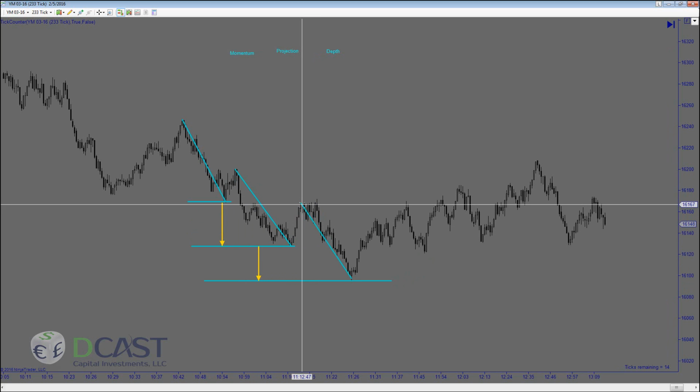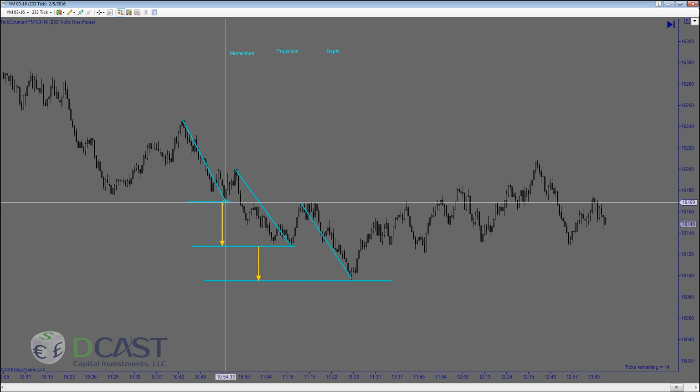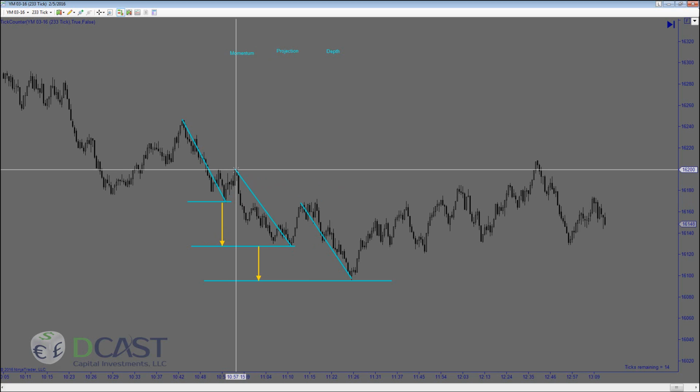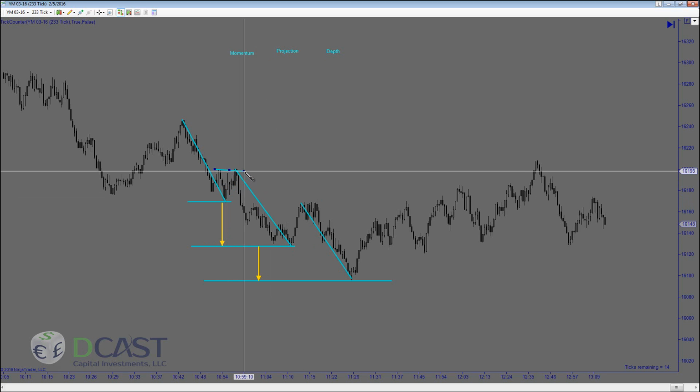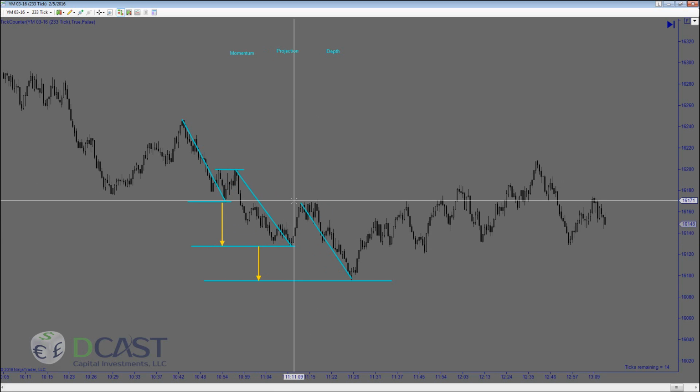So now we want to look at the overall depth. What we want to see here is from the swing low to the corrective swing high in this particular case. Okay, and we want to do the same here.